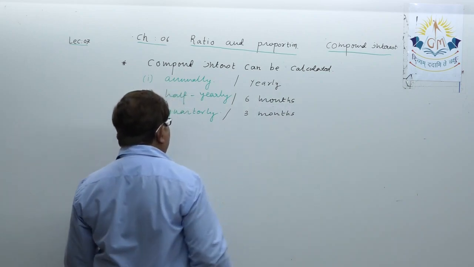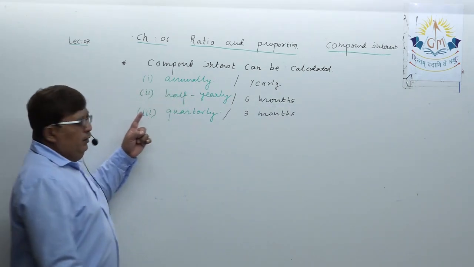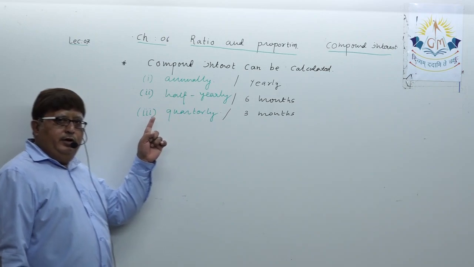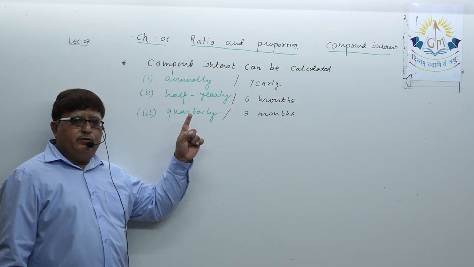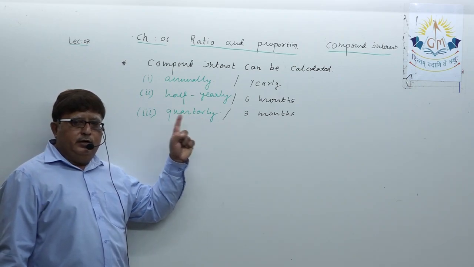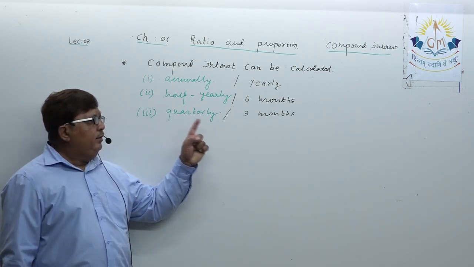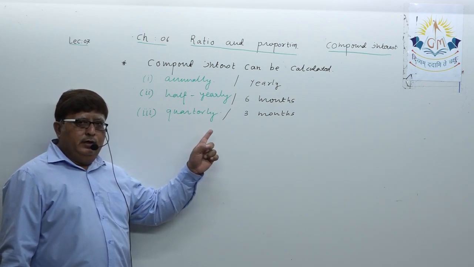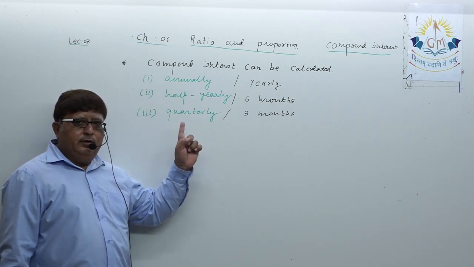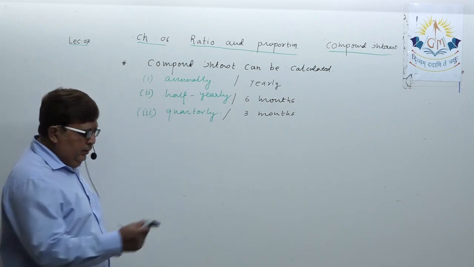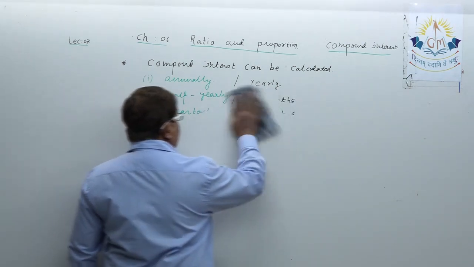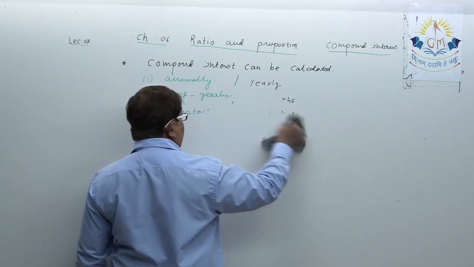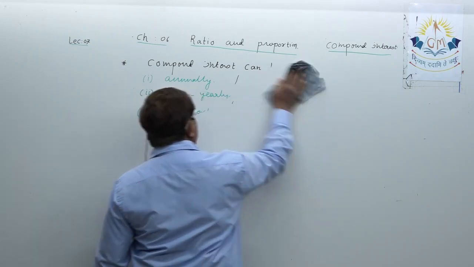You must have noted down this data: compound interest can be calculated yearly, half yearly, quarterly. Let us see examples based on this.